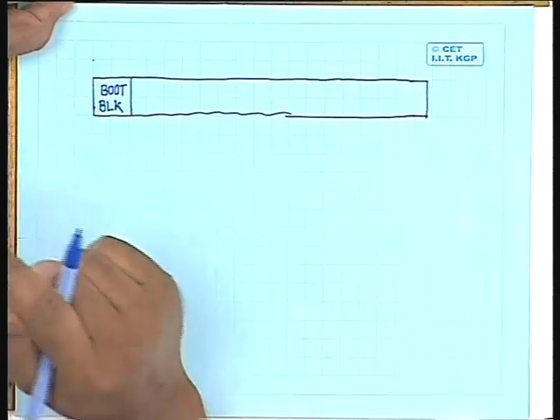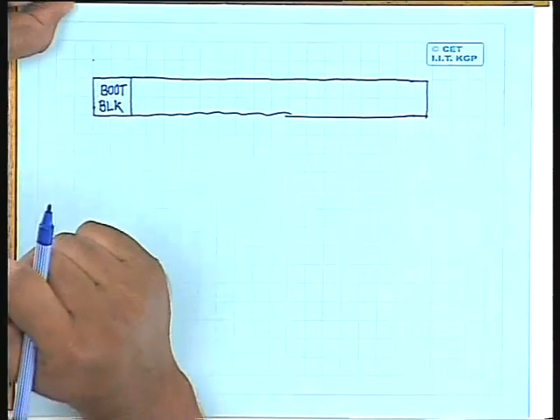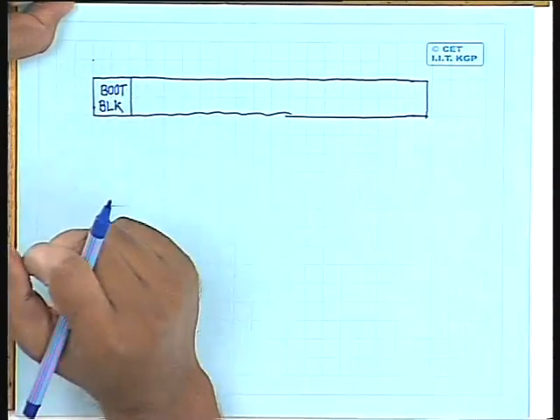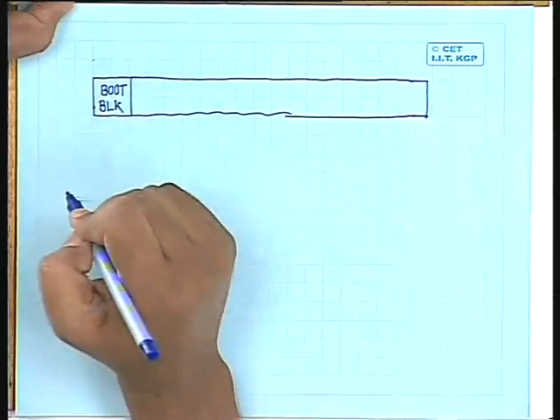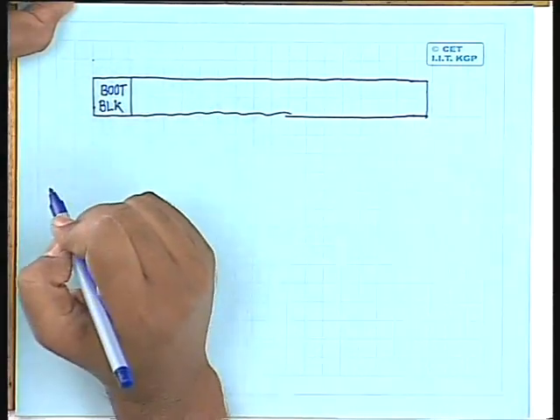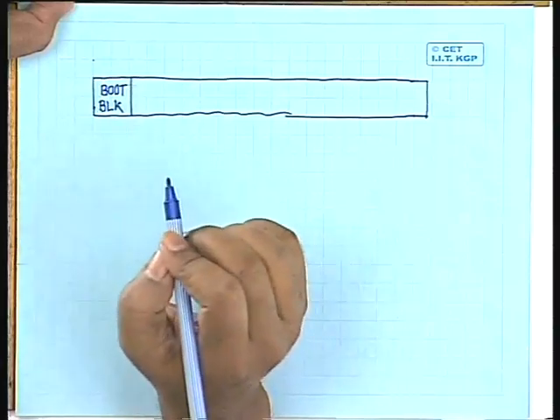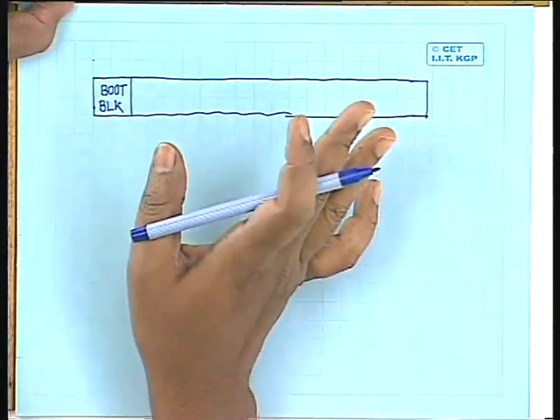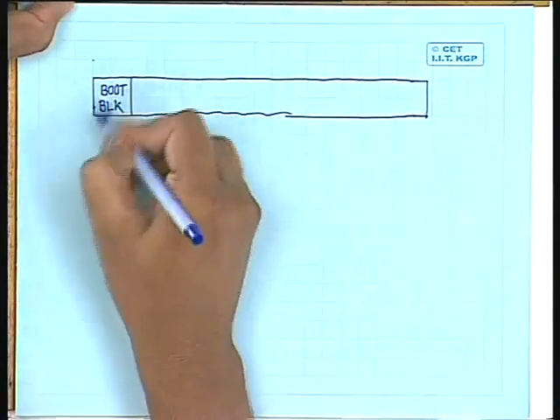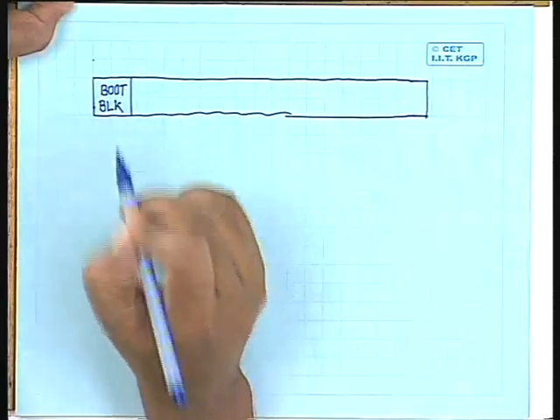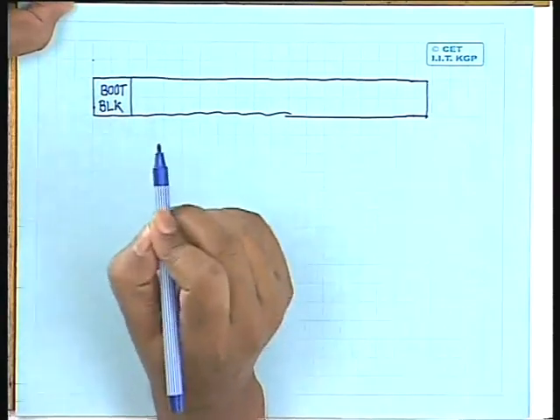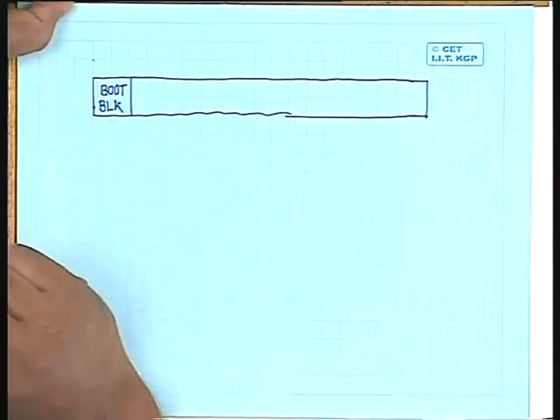That means whenever you switch on the power or reset the machine, a part of the operating system which is stored in the boot block is read from the boot block and put into the OS partition of the main memory, and that becomes resident. Okay. So this boot block is used to store the booting program or initialization program of the computer system.